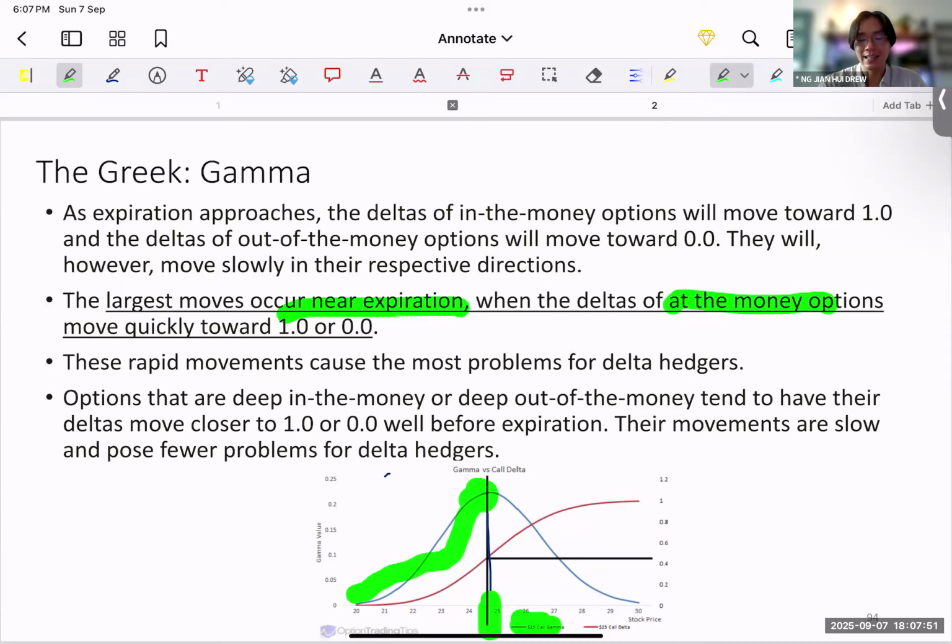So that's the highest level of gamma that we have, which is the point where we also have the sharpest change in your delta. And because the gamma is the highest, this rapid movement will generally cause your delta hedger to have issues trying to achieve a perfect hedge for your delta.